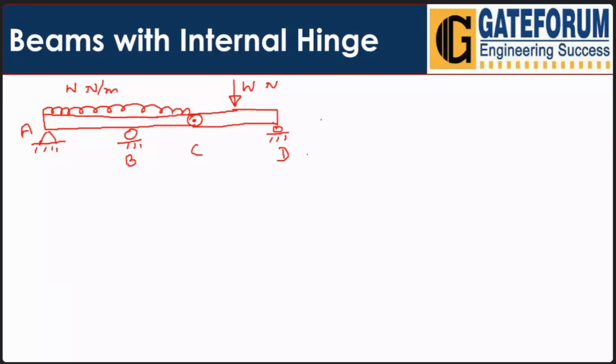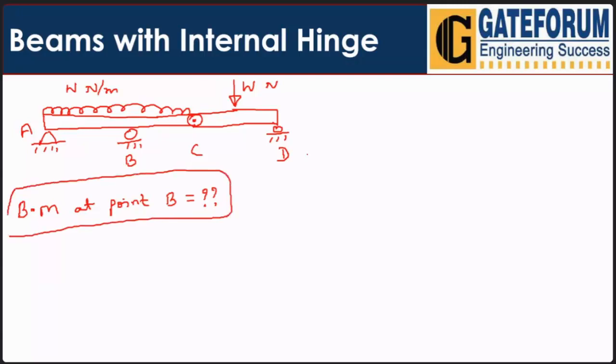And suppose it is asked to find out the value of bending moment at point B. If this type of question is given, then how can we calculate the value of bending moment at point B? Just look at here.